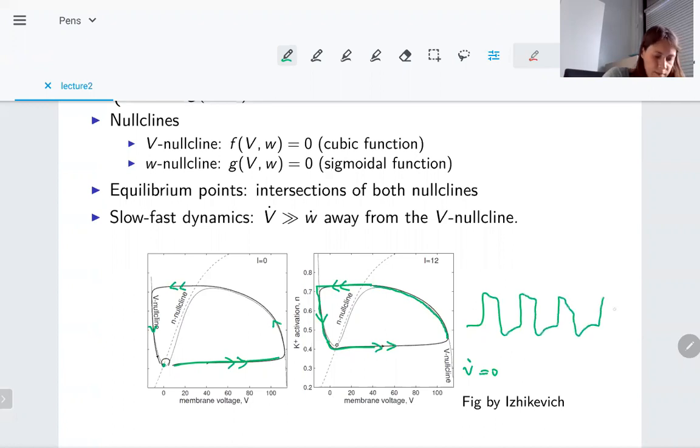Okay, I'm exaggerating. And these oscillations, where you have periods of rapid changes followed by slow evolution of the slow variable, are called relaxation oscillators.